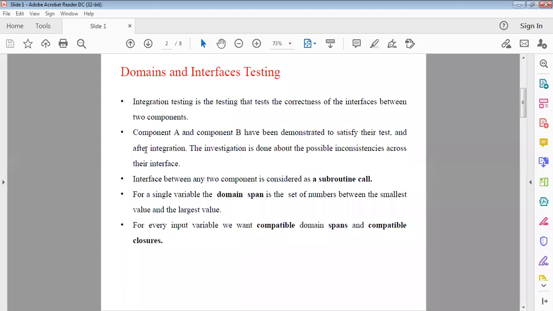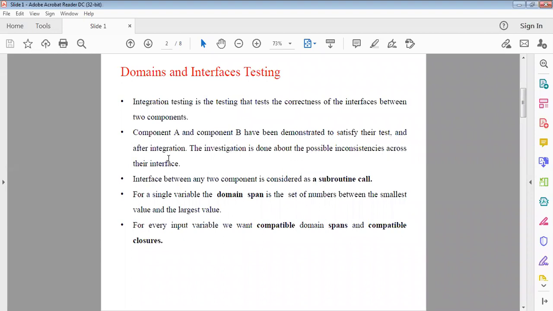For domain interface testing, we take two components, component A and component B, and check whether they satisfy the tests by using integration. That will check the consistency across the interface.